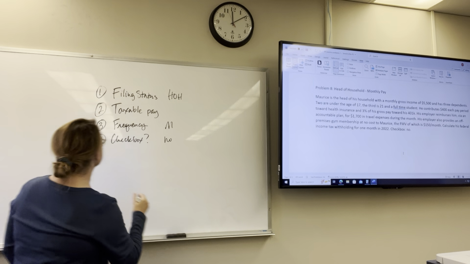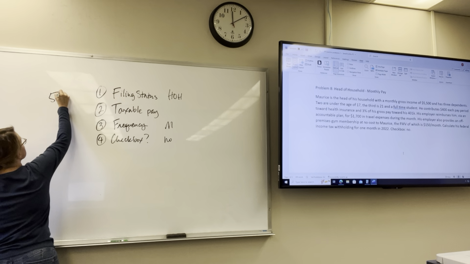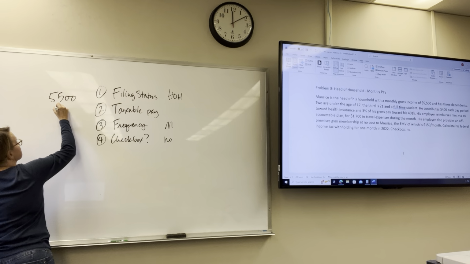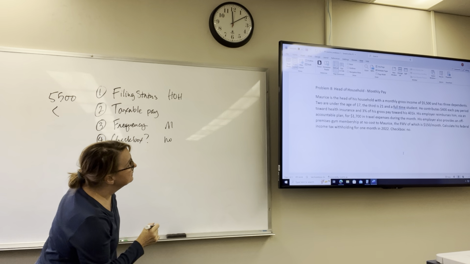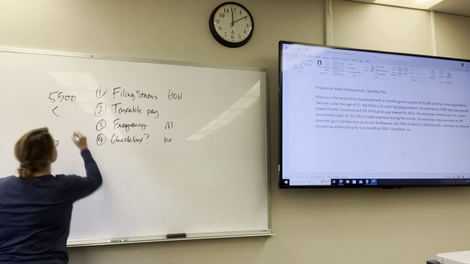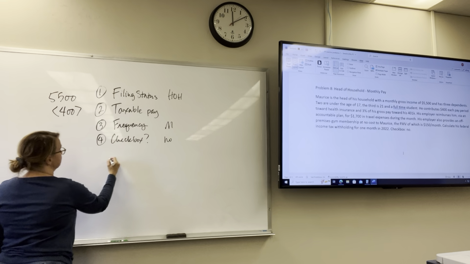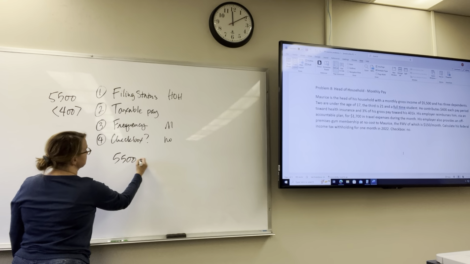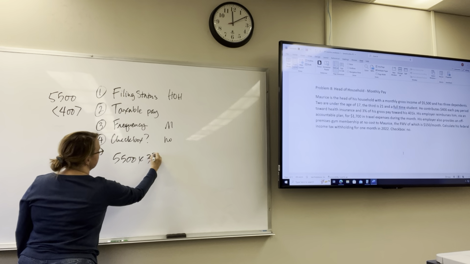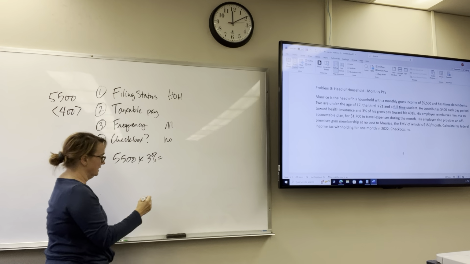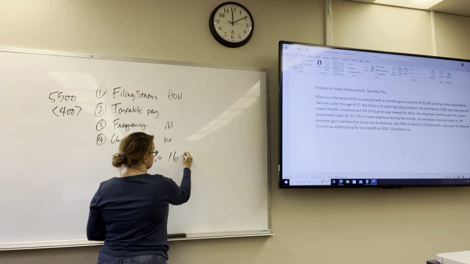So it's $5,500 is our starting point. And health insurance was $400. And then we got that 401k, so 5,500 times 3%. 165.